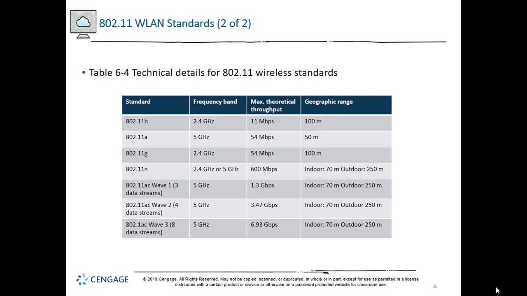At around the same time, we had 802.11a, which never really came into as wide a use as 802.11b. It operated at 5 gigahertz, but it was faster. It was at 54 meg per second. We used to say it was more secure at the time because people were worried about people driving by and intercepting our wireless signals.